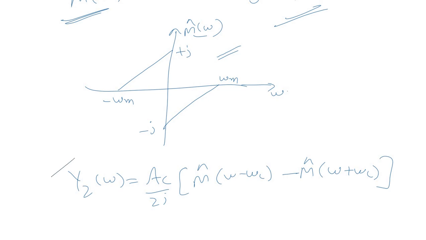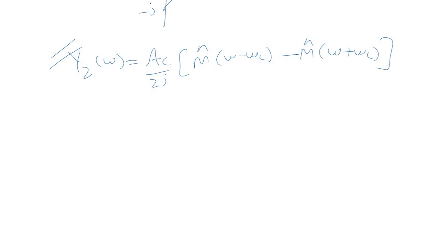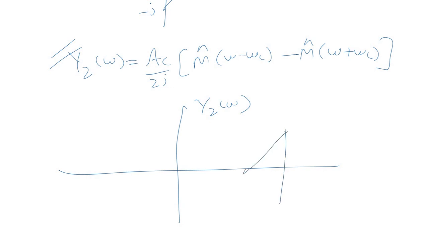Now let us plot this Y2(omega) based on this M hat(omega). So Y2(omega) will be something like this, and this point is your Ac by 2j, and the other one would be something like this.